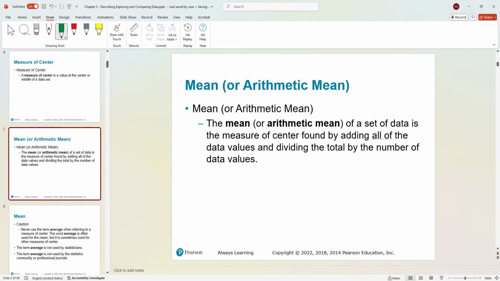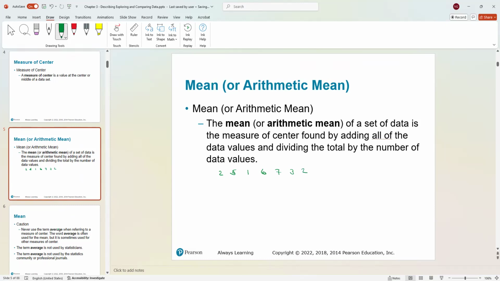If you have a data set, the mean, or arithmetic mean, of a data set is the measure of center found by adding the data values and dividing. Let's say you have a data set like 2, 5, 1, 6, 7, 3, 2.